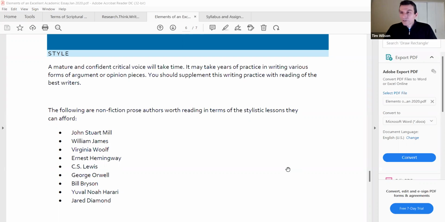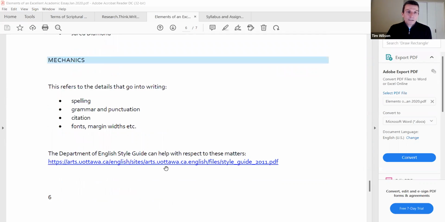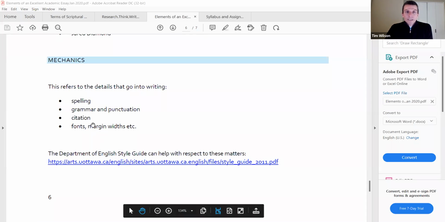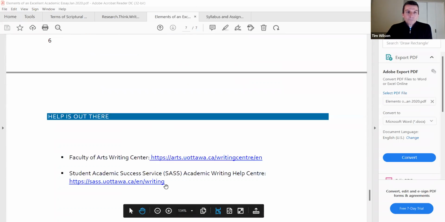I think that comes with time and with just practice writing and reading. And I have kind of a list of great prose authors, including Virginia Woolf, who we'll be reading later in the course. And then for the mechanics, I'll refer you again to the English Department Style Guide in terms of spelling, grammar, punctuation, and how to cite properly.